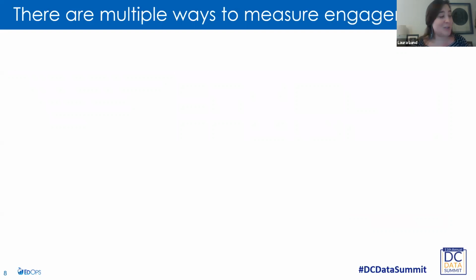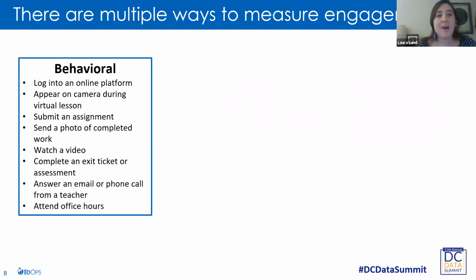And in our research, we found that there's actually several lenses through which researchers say you can measure engagement. The first would be behavioral, and the options that you see here are probably going to be the actions that students take that account for that second half of the attendance definition for distance learning this year.